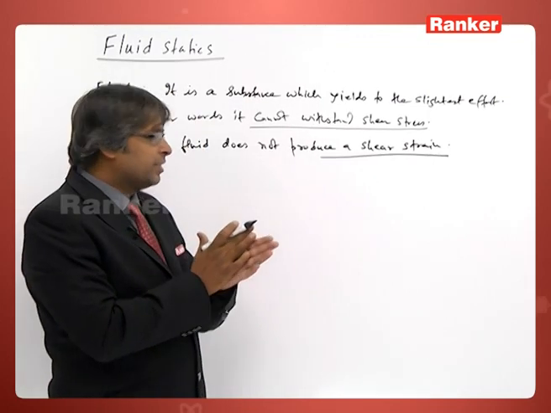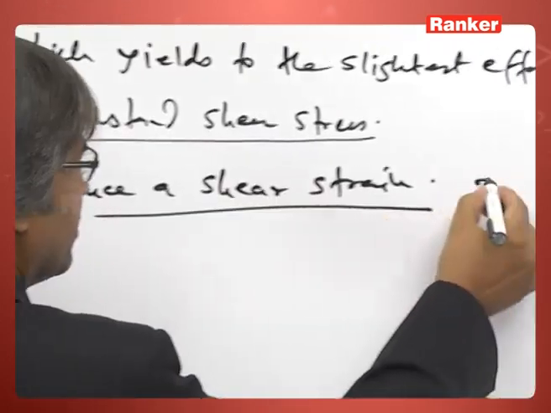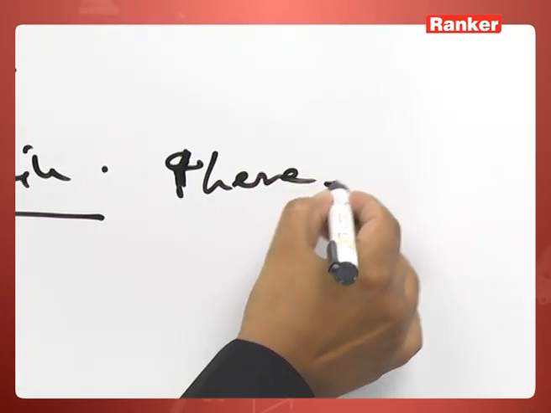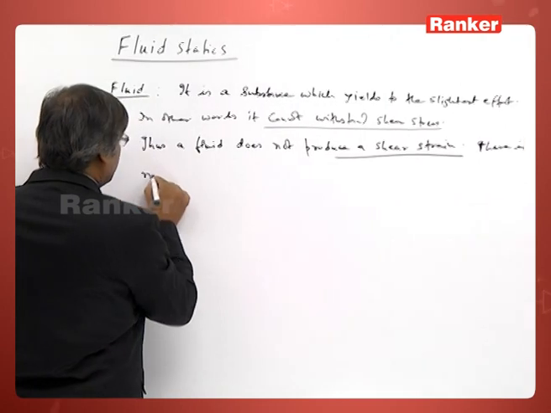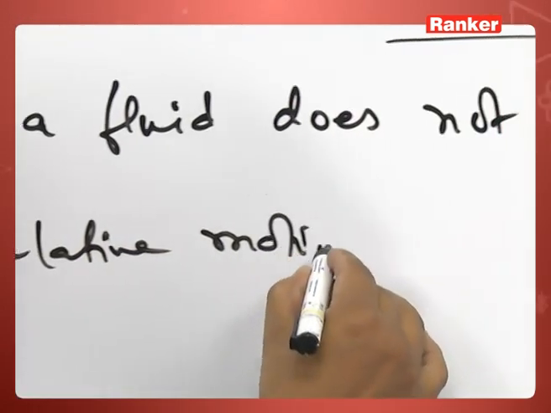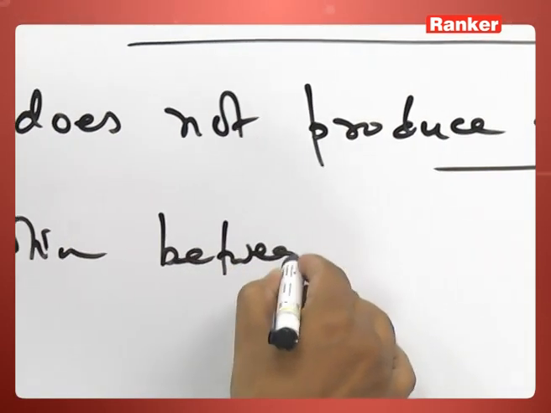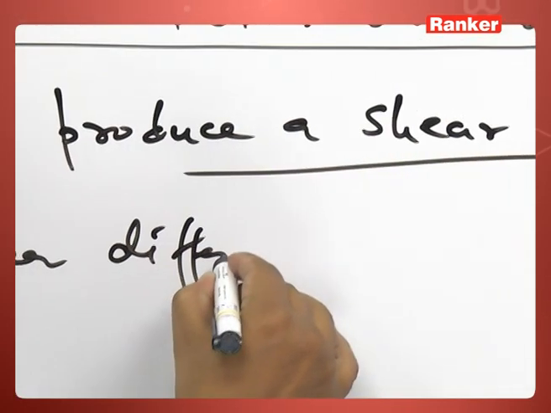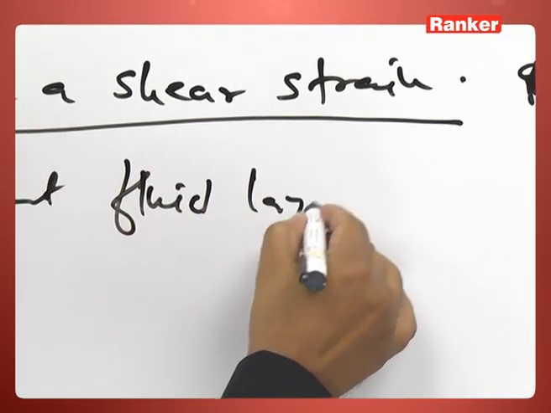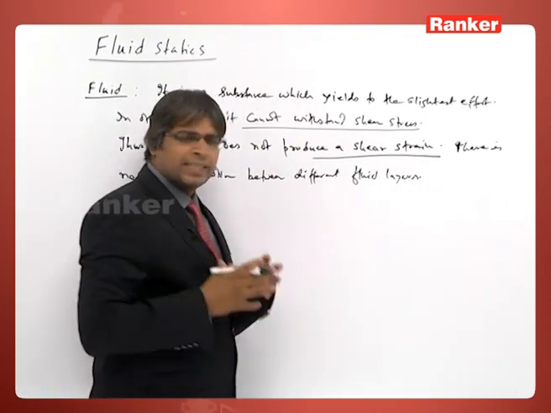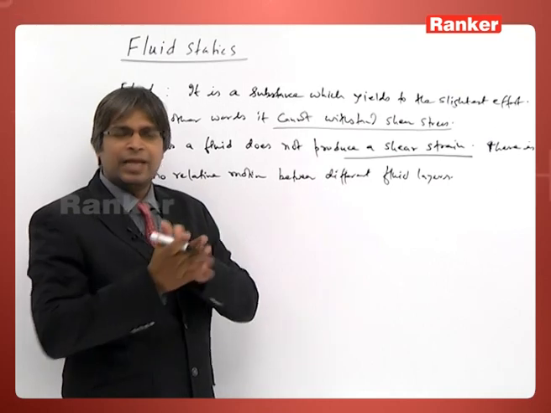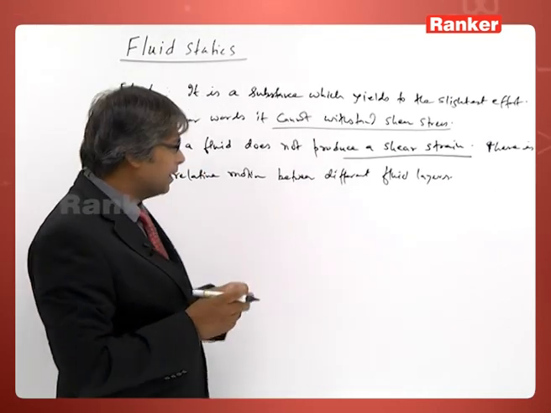That is, there is no relative motion between different fluid layers. As a result, the fluid layers will not glide among themselves, in an ideal fluid.